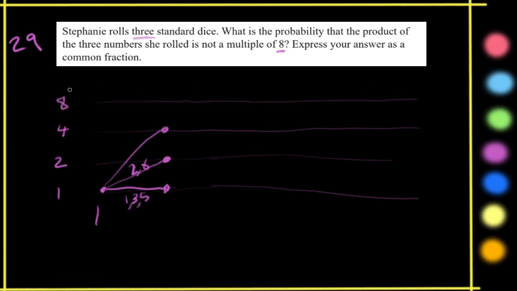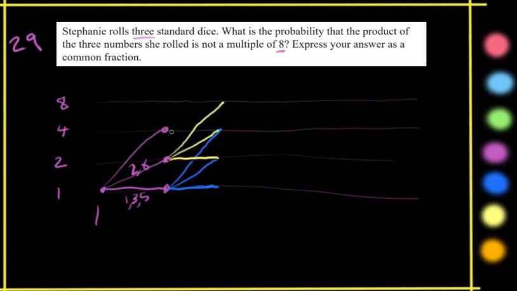So after I roll another die, let me do that one in a different color. So let's do this one. So I can go like this, and like this. Or I can go like this, like this, or like this.